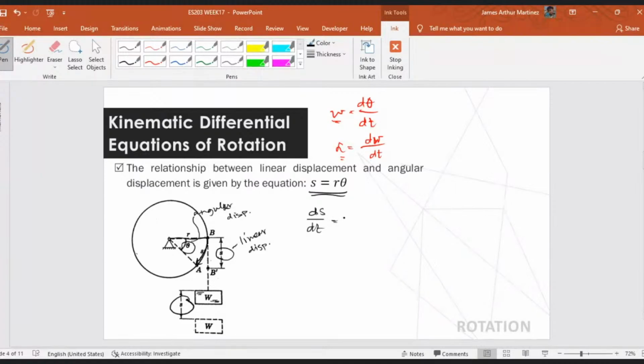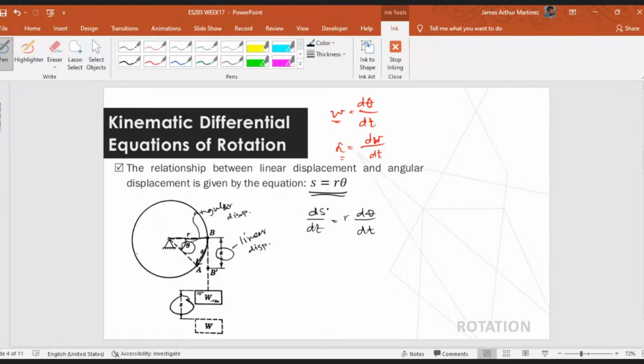So we are differentiating with respect to time, equal to radius times d theta over dt. So regardless of time, radius will not change, no? So your length and radius will not change. Therefore, that is just constant. So we will treat radius as constant sa atong differentiation.